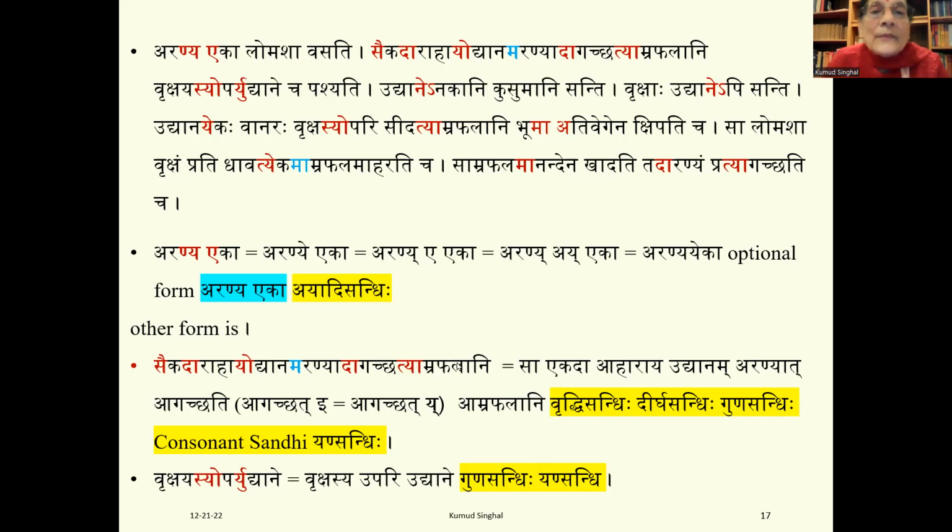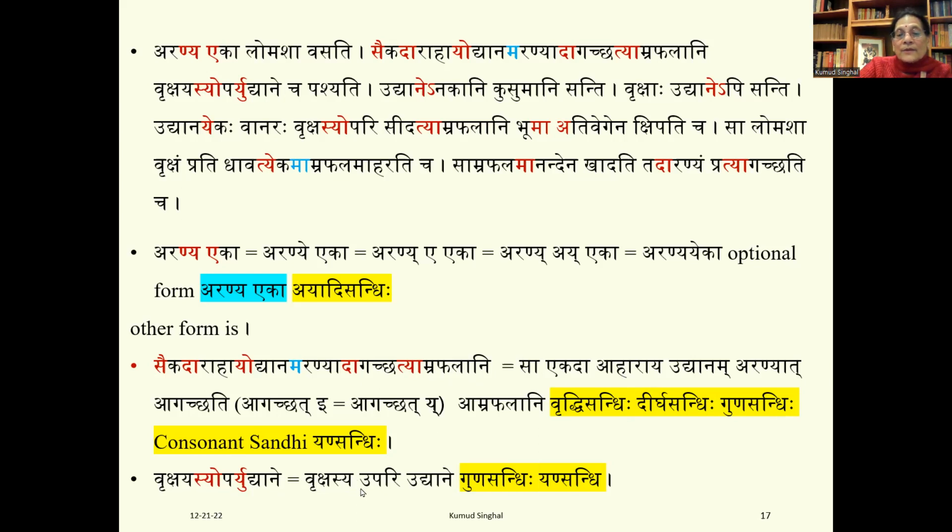All right. Next word is rakshasyo paryudhyane. So this is made up of 3 words. Rakshasya upari udhyane. So in the garden, upari means on top of the tree. In the garden, on top of the tree. So rakshasya, a and u.